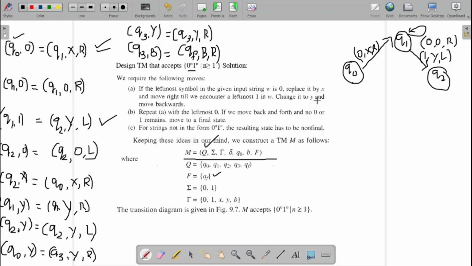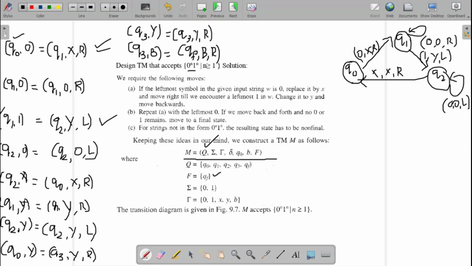Then next, Q2 on 0 will be Q2 only: 0 as it is, with the left movement. Then next, Q2 on X: X as it is, and I will have the right movement but change the state to Q0.